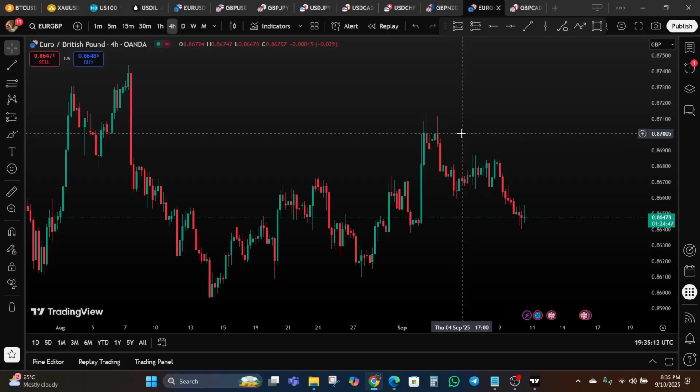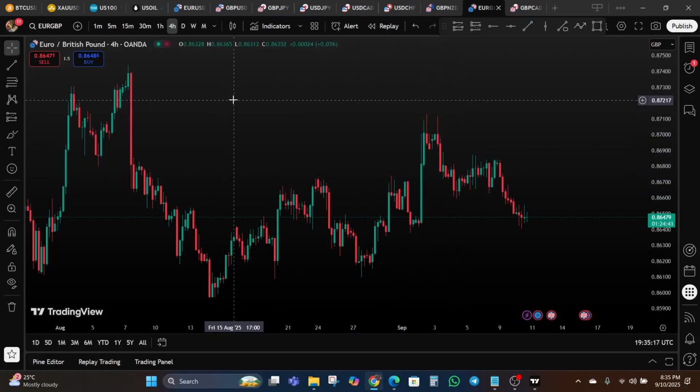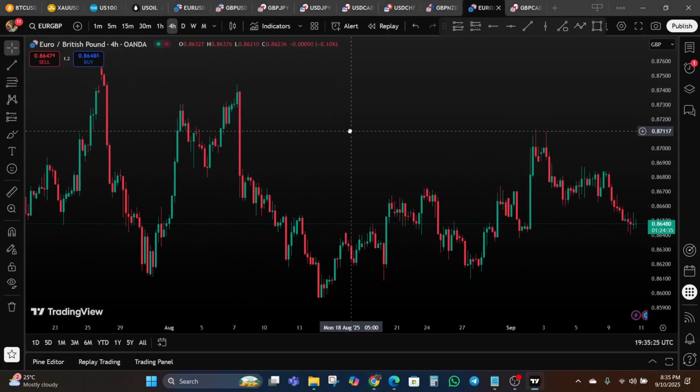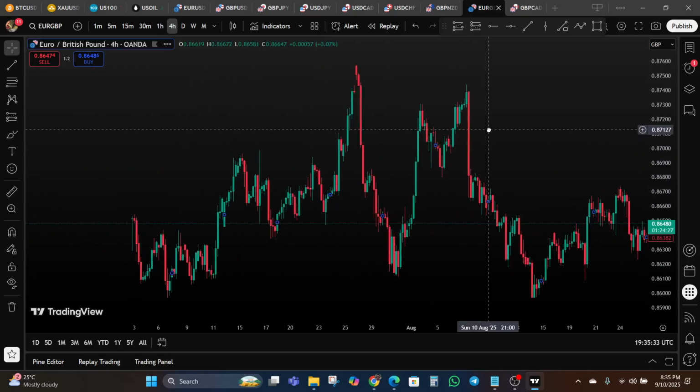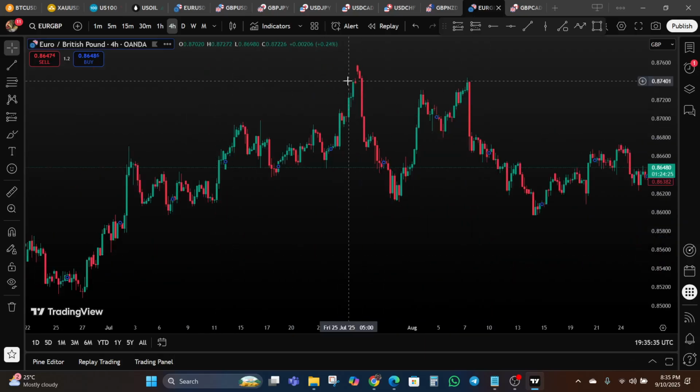Why do they matter? Well, candlestick patterns are one of the oldest and most reliable ways to analyze price action. A bearish candlestick pattern signals that sellers are gaining control, often after a period of upward movement.